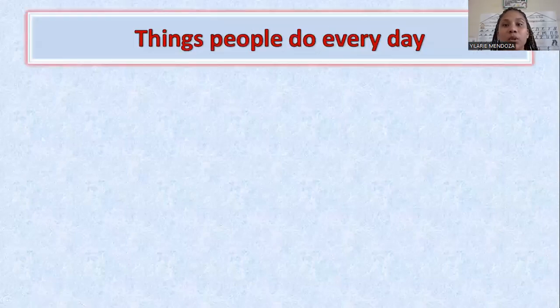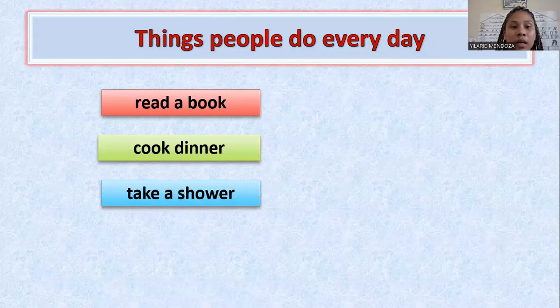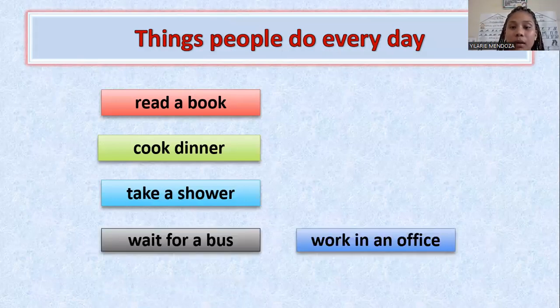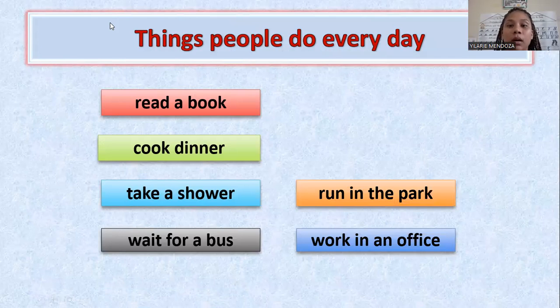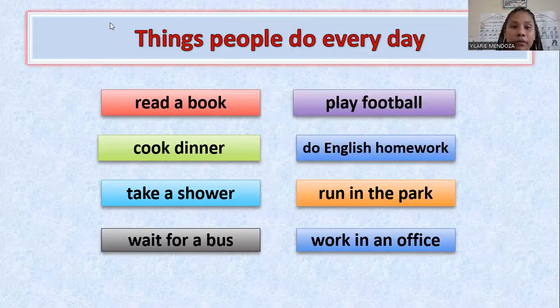Things people do every day: read a book, cook dinner, take a shower, wait for the bus, work in the office, run in the park, do English homework, or play football.